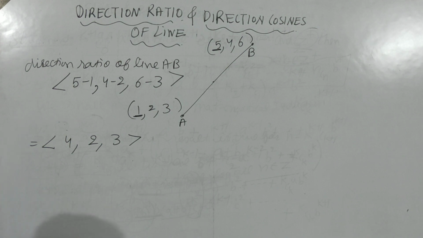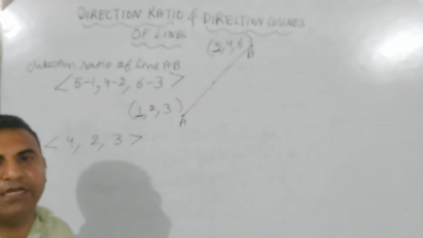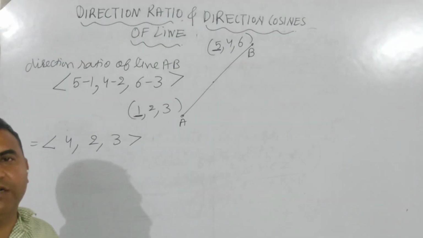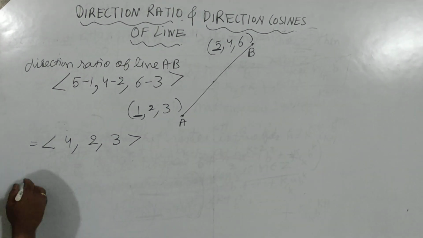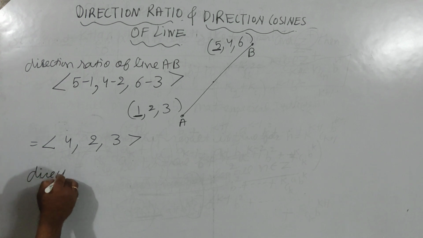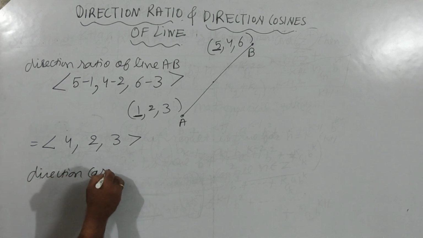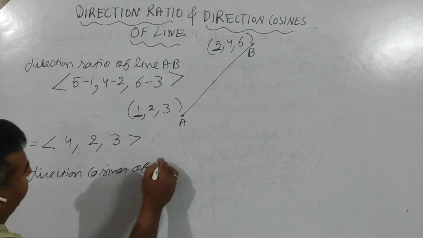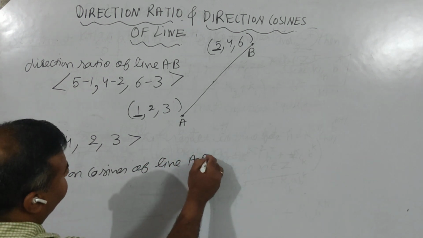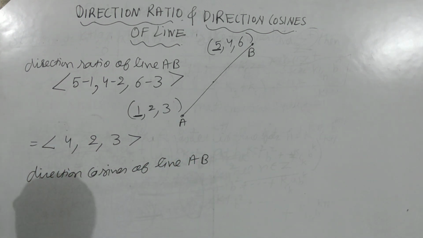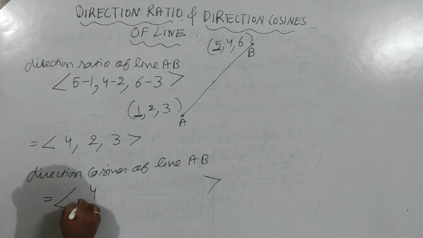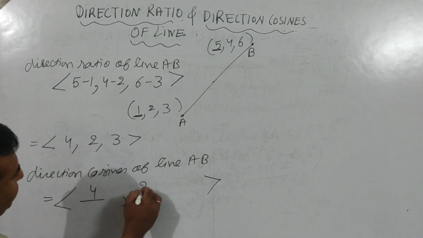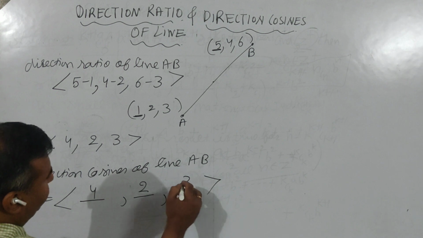In the next step, if the direction ratio of any line is given, how can we find its direction cosines? Now you write direction cosines of line AB. See here how we can find direction cosines, which is also similar to a vector. You write 4, 2 and 3, the direction ratios.